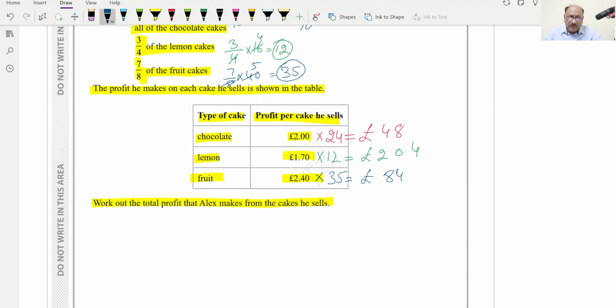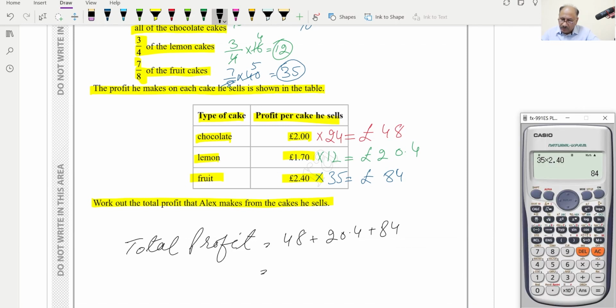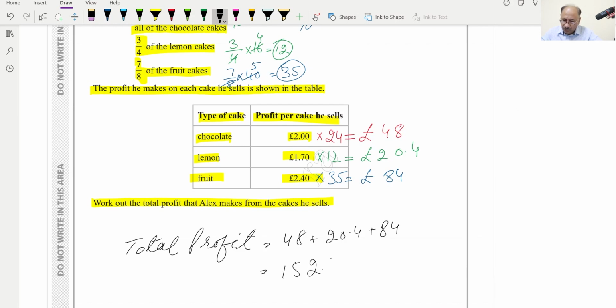And now we can check the total profit. Total profit will be equal to 48 plus 20.4 plus 84, and this will give us 152.4.